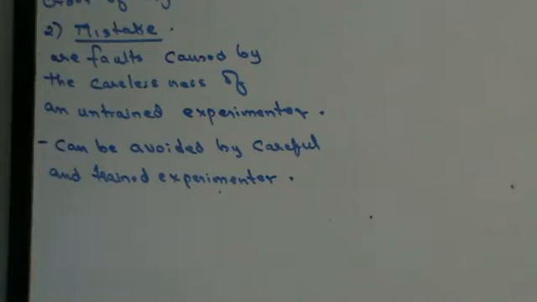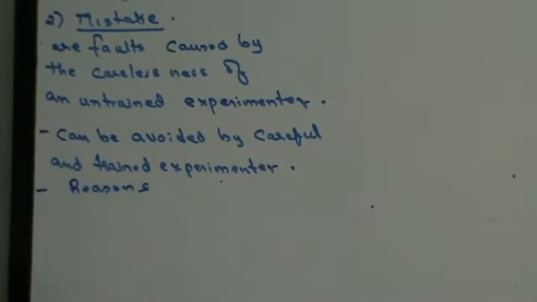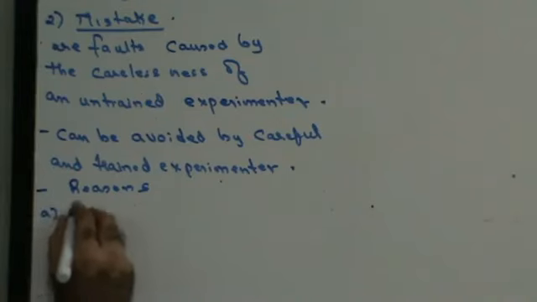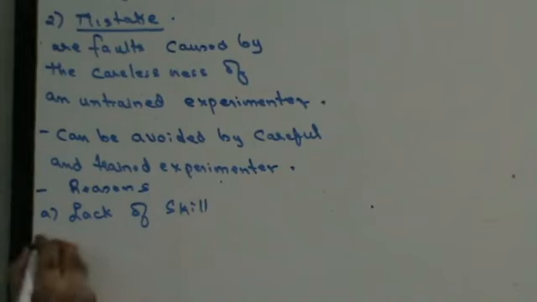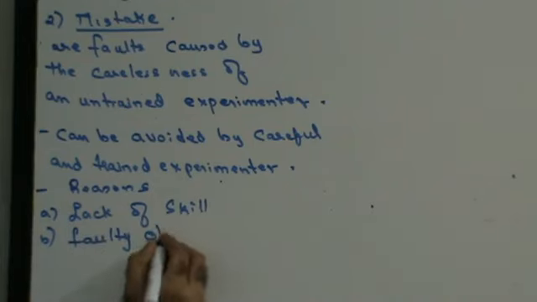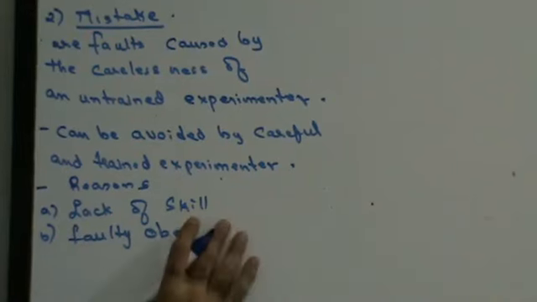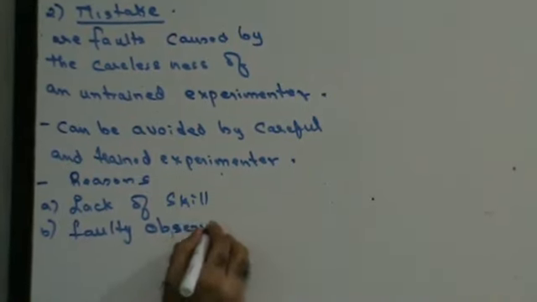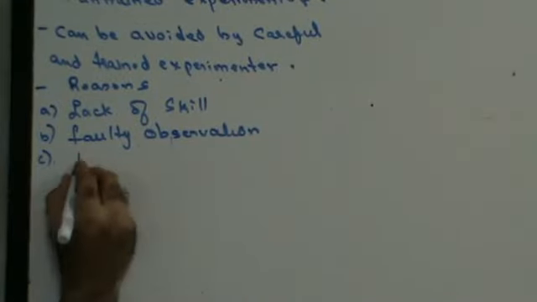Now, what are the reasons for mistakes? Why do we have mistakes, or what are the causes of mistakes? One, lack of skill. You don't know how to do the experiment correctly. Second, faulty observations. You are not recording your readings correctly. Third, wrong reading.